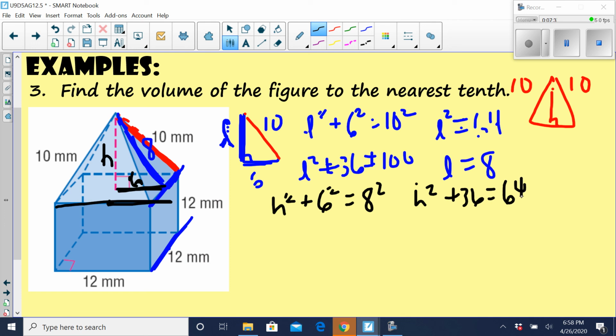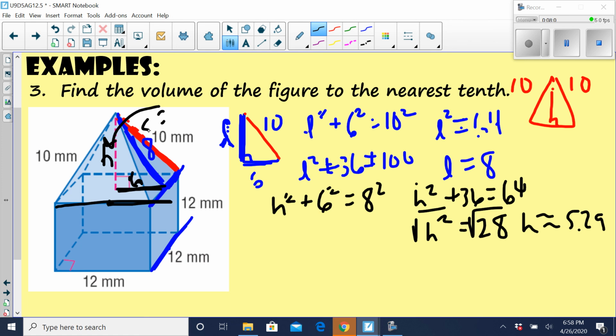If I take 64 and subtract the 36, I end up with h squared equal to 28. If I take the square root there, root 28 is approximately 5.29. That's what I'm going to use for my height. I'm just going to draw an arrow.